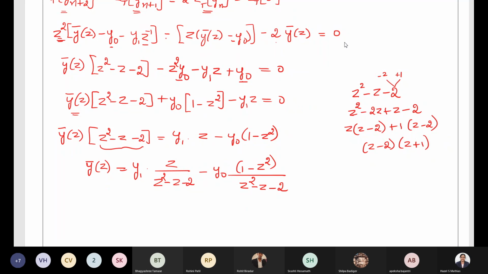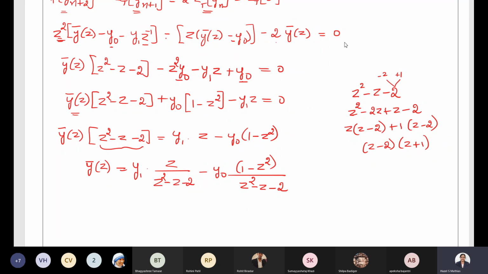So in the next step, z square minus z minus 2 can be done as z minus 2 into z plus 1. Talking about this, if I take the minus sign outside, the minus will become plus, and minus z square will be divided by z minus 2 into z plus 1.